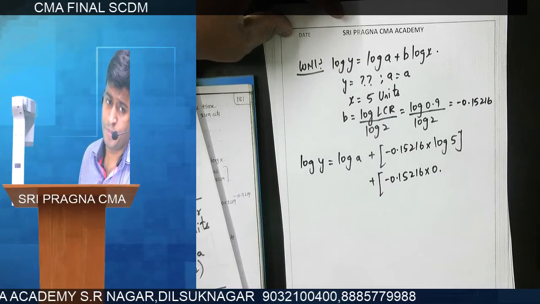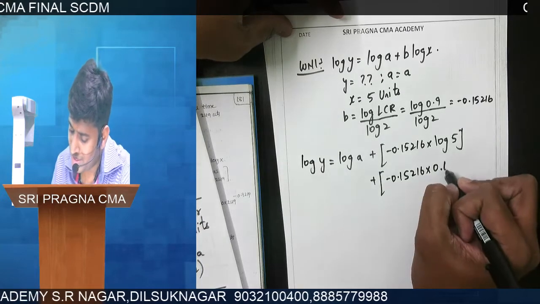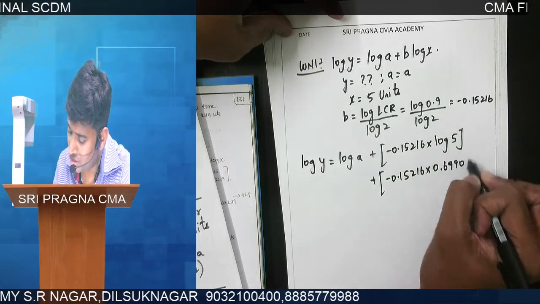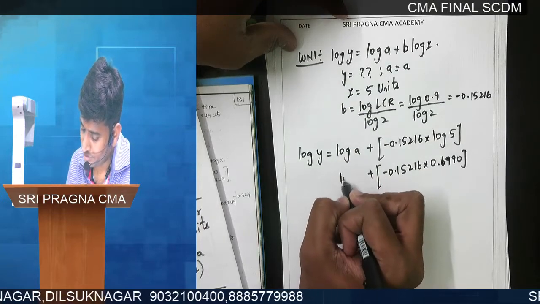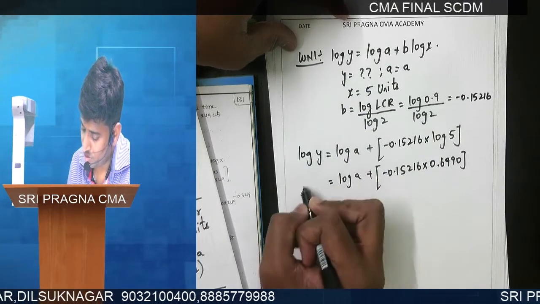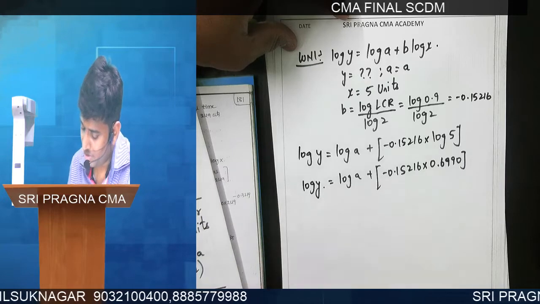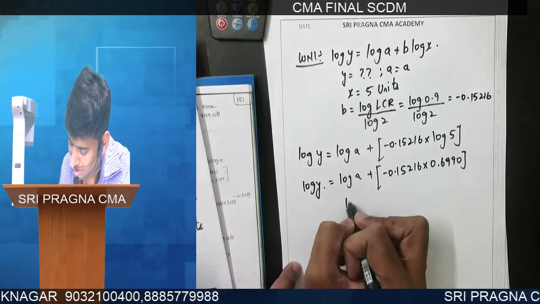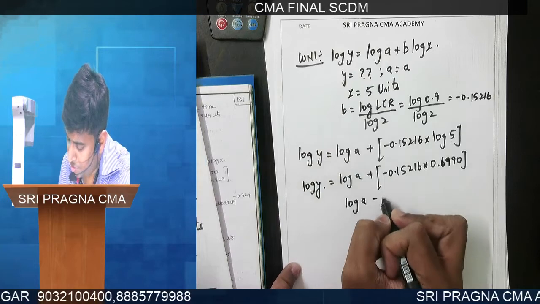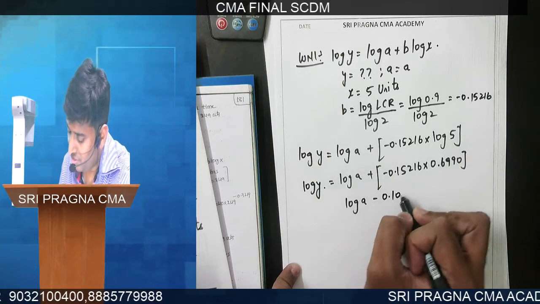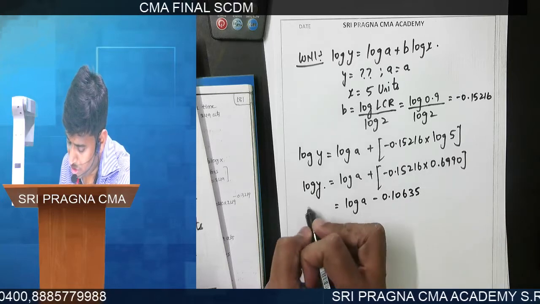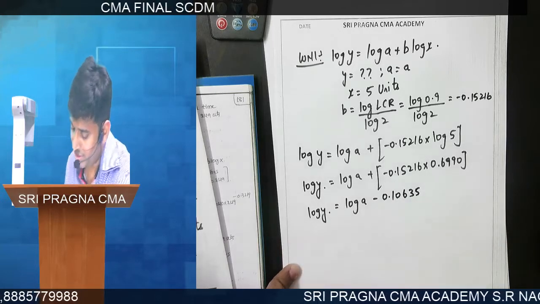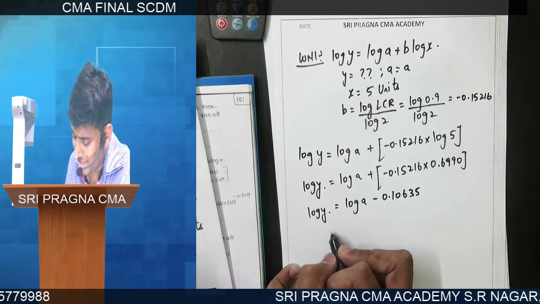Multiply 6990. 0.10635 is equal to log y. Clear? Can I write now like this?